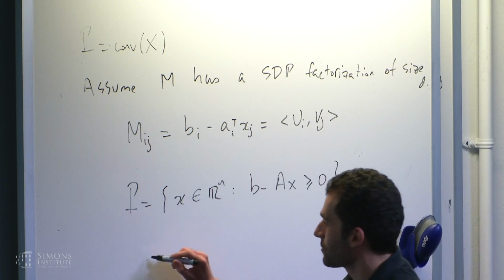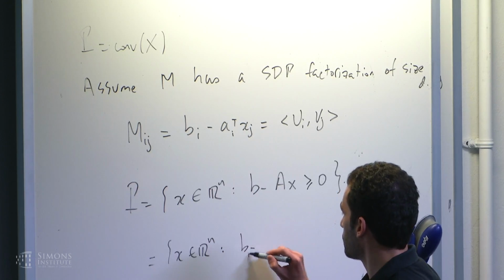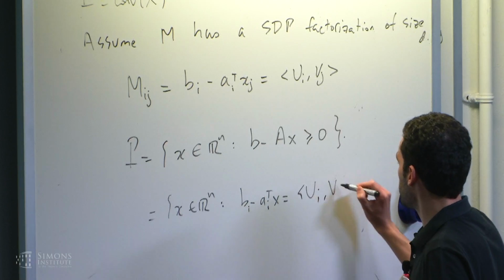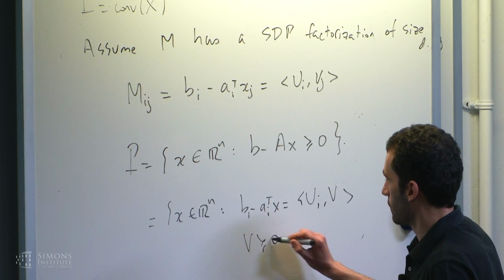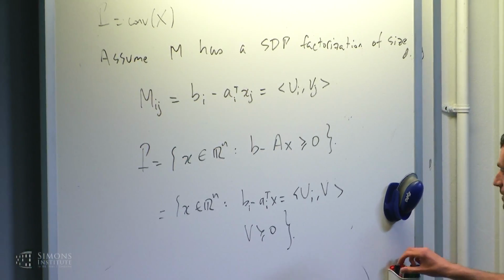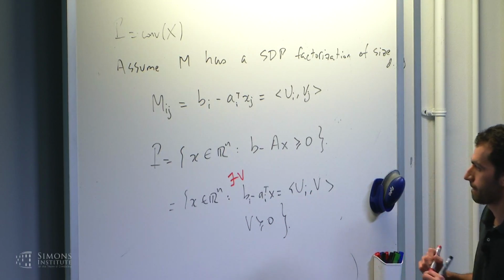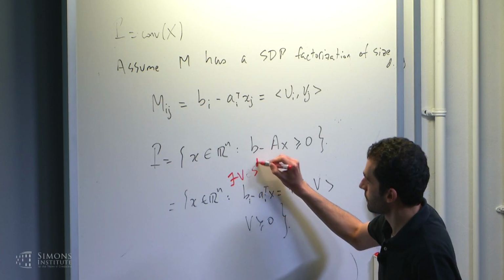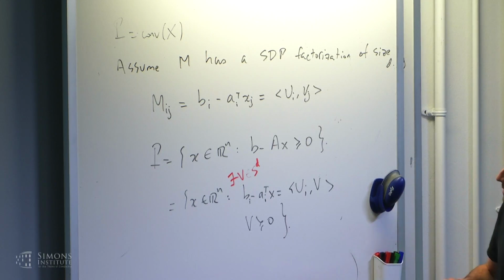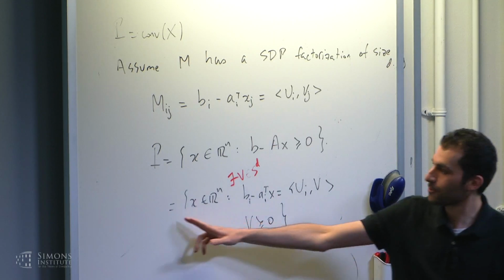I'm just going to say that this is the set of X in Rn such that B minus AX is equal to the inner product of Ui and V, where V is positive semi-definite, so there exists such a V. I'm introducing this additional variable V, and I claim that this equality is true.